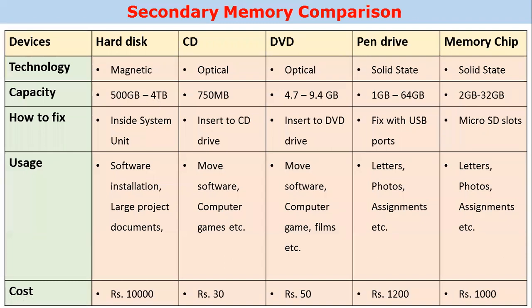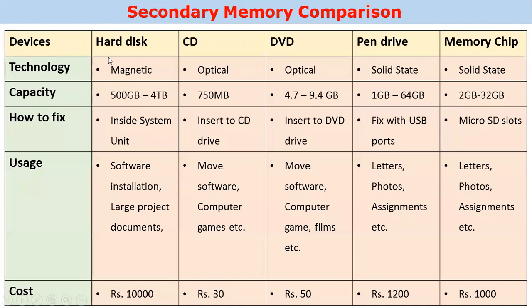The standard one is bit. 8 bits is called 1 byte. Then 1024 bytes is 1 kilobyte. 1024 kilobytes is 1 megabyte. 1024 megabytes means 1 gigabyte. 1024 gigabytes means 1 terabyte. The standard measurement is bit. However, for very high capacities, the suitable measurements are megabyte, gigabyte, or terabyte. Here, all of these capacities are in GB, MB, or TB.